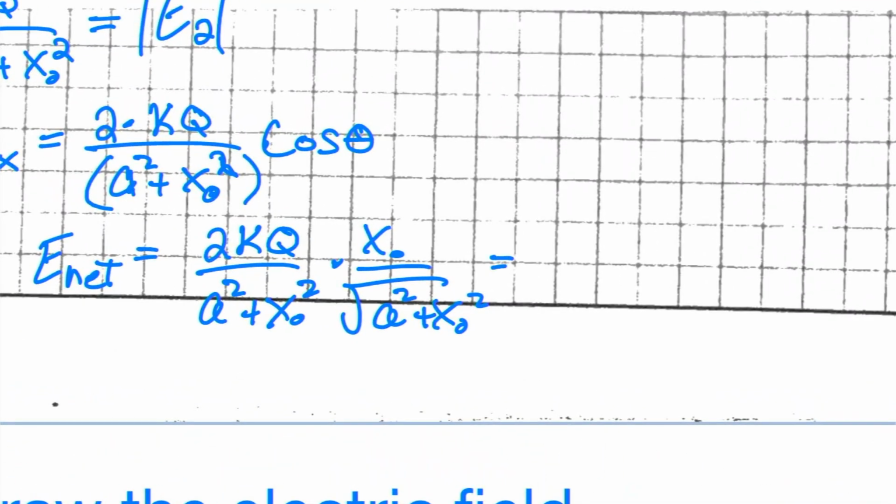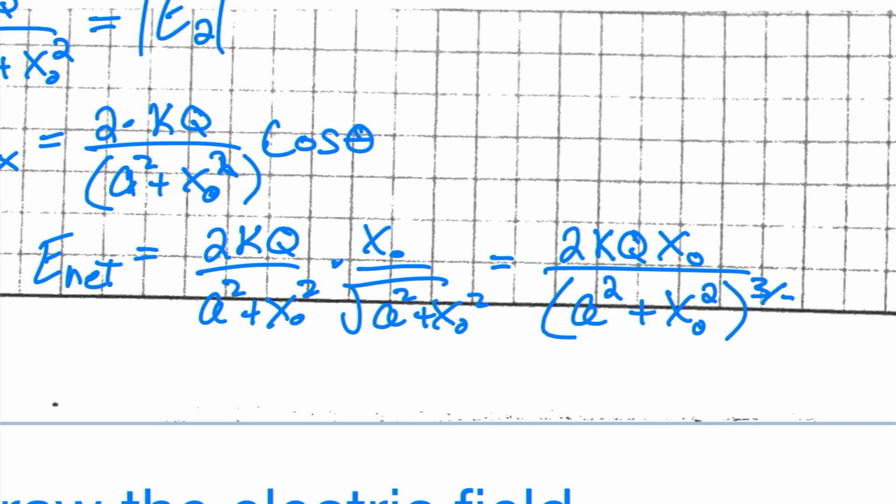And if I just simplify that one more time, I'm going to get 2kq x naught over the quantity a squared plus x naught squared all to the 3/2 power. 3/2 power because this is really to the 2/2 power, and this is to the 1/2 power, right? When we add those exponents, we get this 3/2 here.